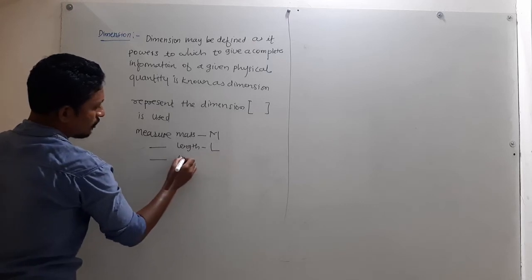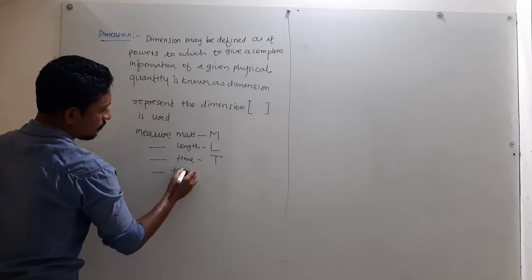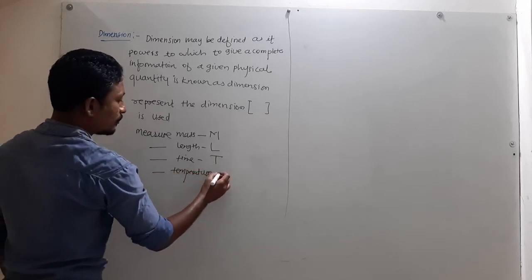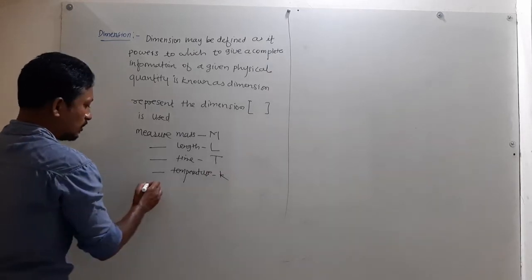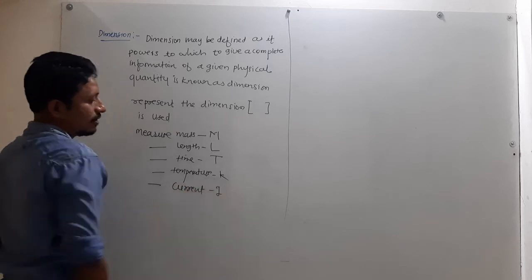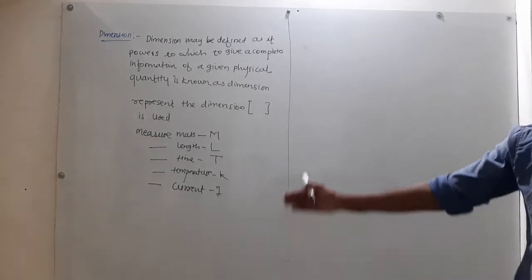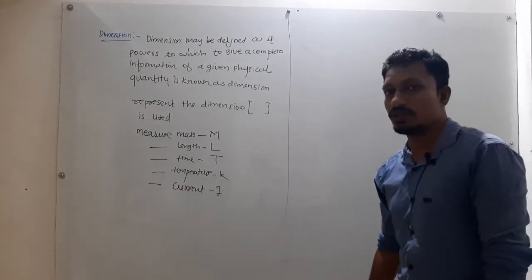To measure time, letter T is used. To measure temperature, letter K is used because the unit of temperature is Kelvin. To measure current, letter I is used. These are the letters used to represent the dimension.